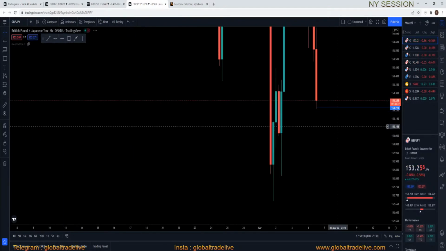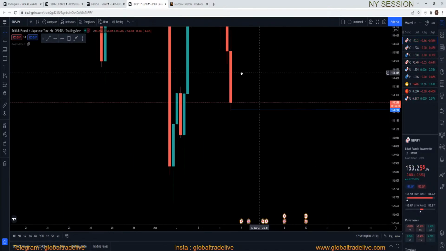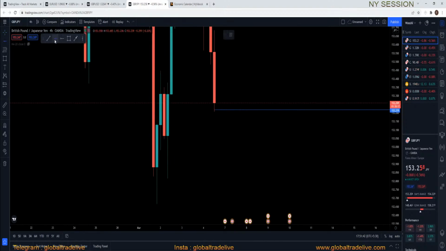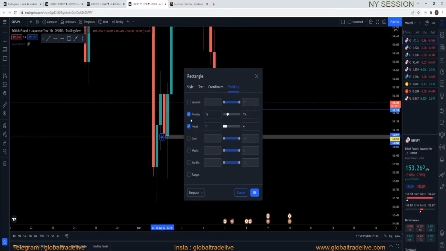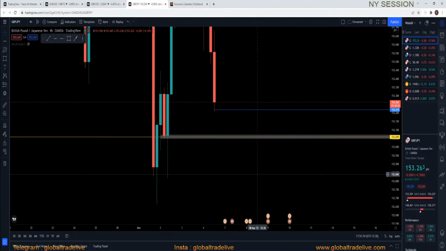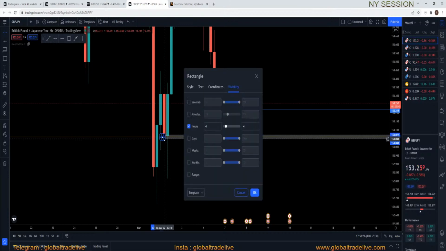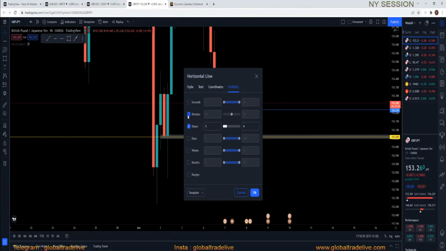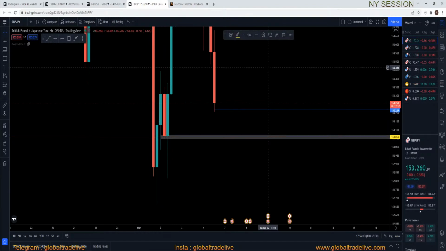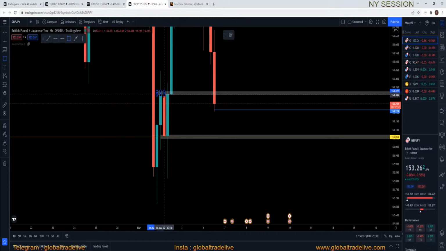And if you look at the 4 hour, the range for the 4 hour candle is just really clean. And we got a support over here as well.